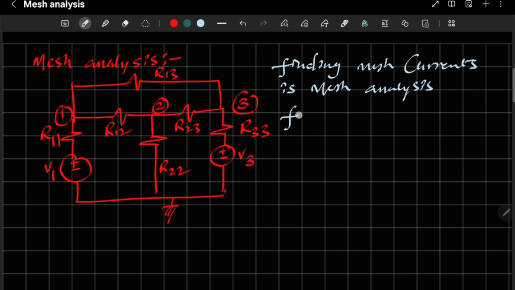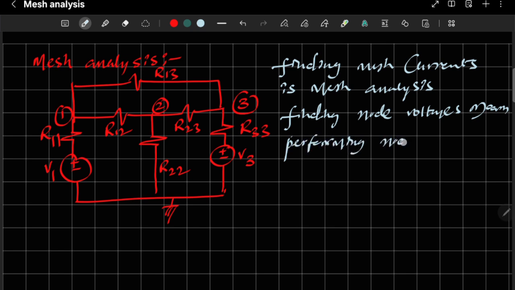Then finding node voltages means performing nodal analysis. Okay, so in the nodal analysis we are finding the node voltages. In the mesh analysis we are finding the mesh currents.